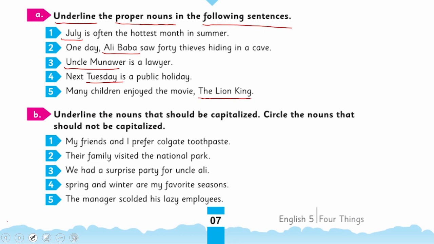You have to underline the nouns that should be capitalized. It means you have to underline the nouns that are what? Proper nouns. And you have to circle the nouns that should not be capitalized.